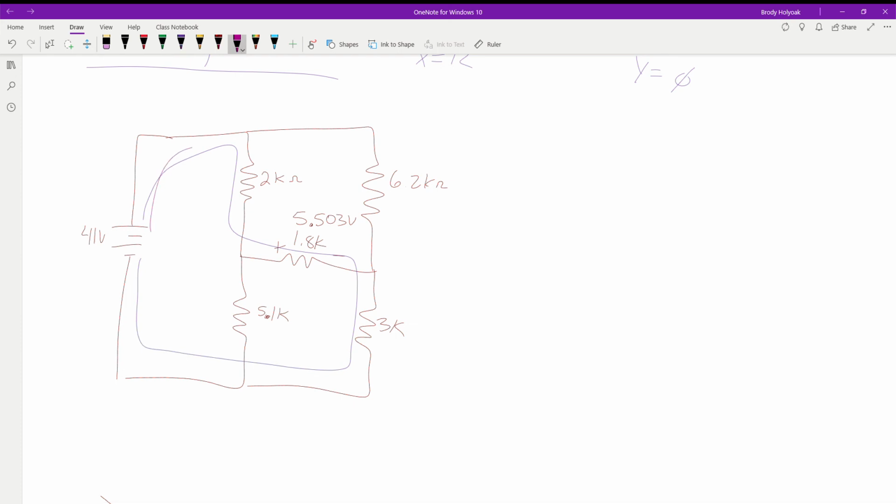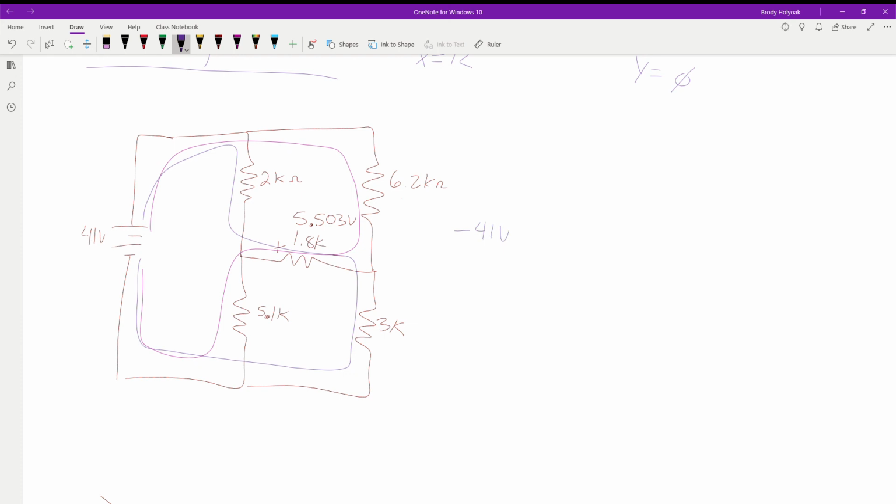Another one we can do. Yeah, so this is where we get into the simultaneous equation part. So there's 2 loops. One loop gives us the current through R2 times R2, the current through R3 times R3, and these voltages all have to equal 0. So for example, with the purple loop, we have a negative 41 volts.